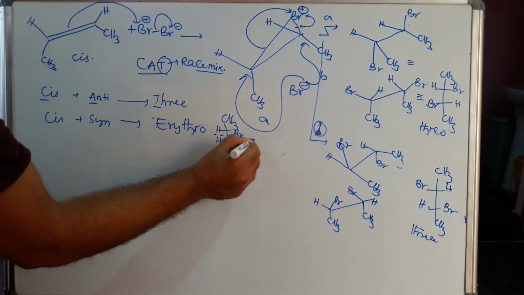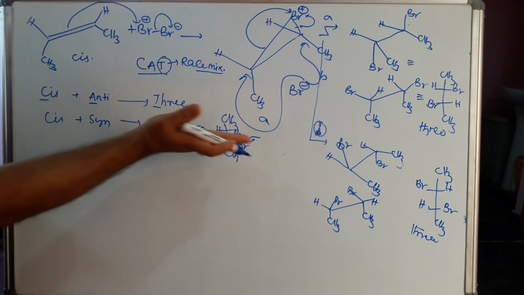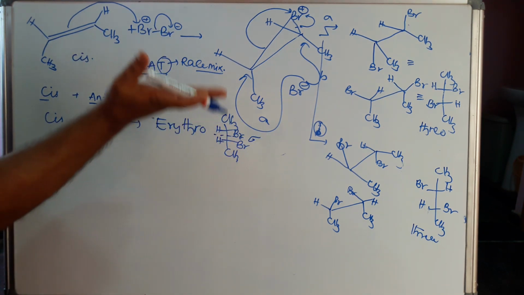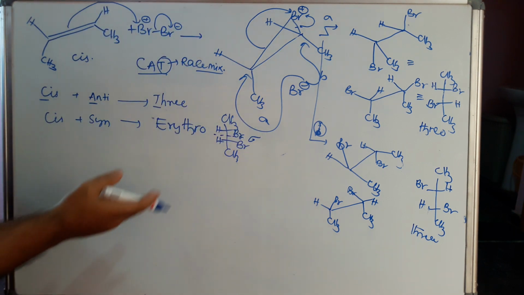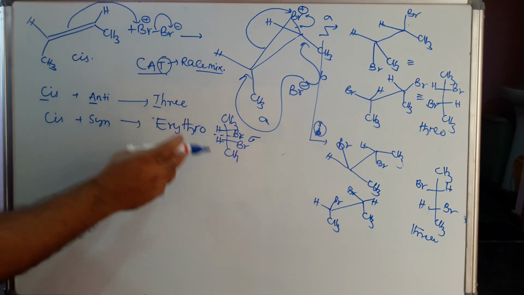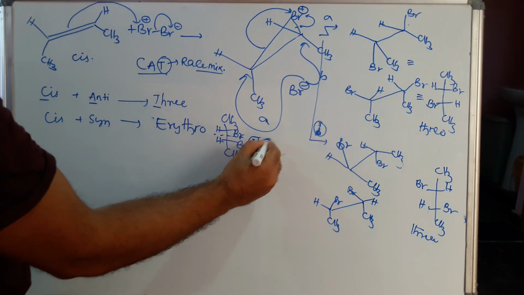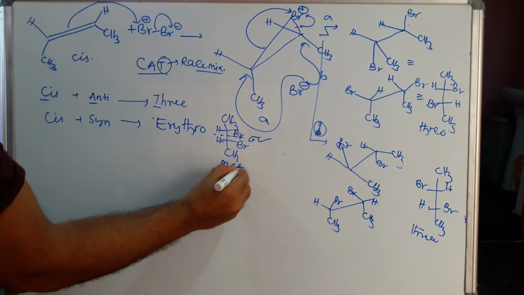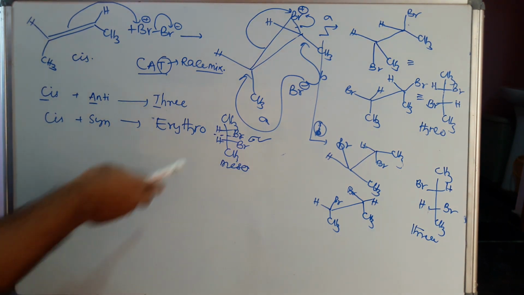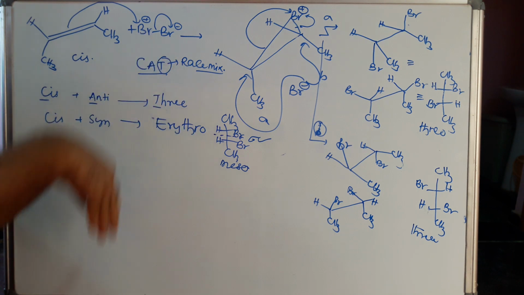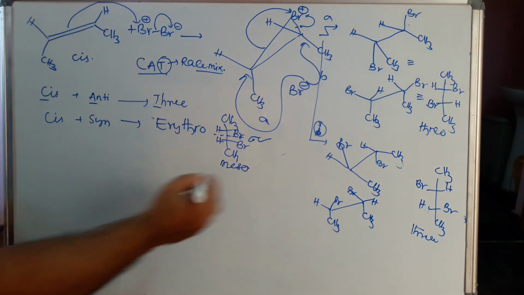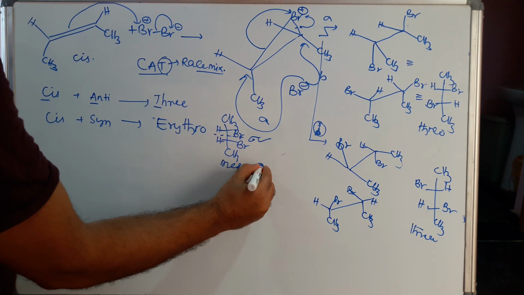This compound has planar symmetry, because if you cut this plane like this, bromine appears here, CH3, CH3. When you bisect this molecule, we get two halves that are equal and mirror images of each other. That's why planar symmetry is present. So this is a meso compound. A meso compound is a compound which has chiral carbons and planar symmetry. Meso compounds are always optically inactive.